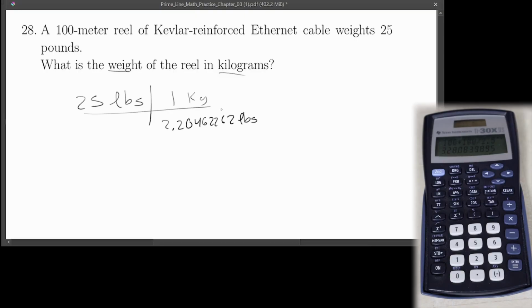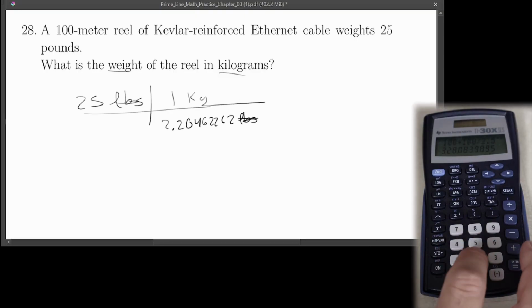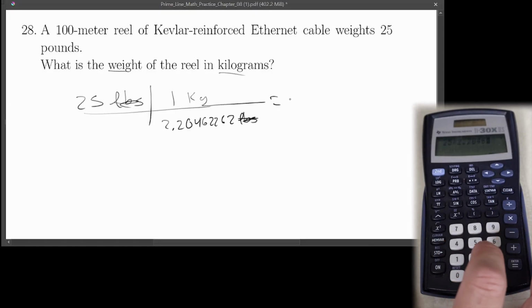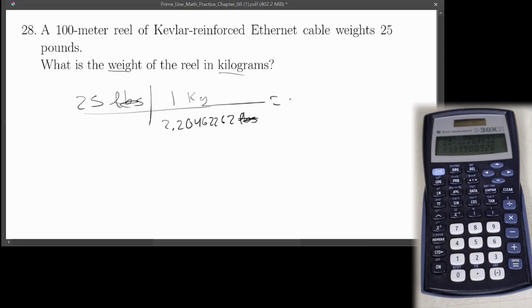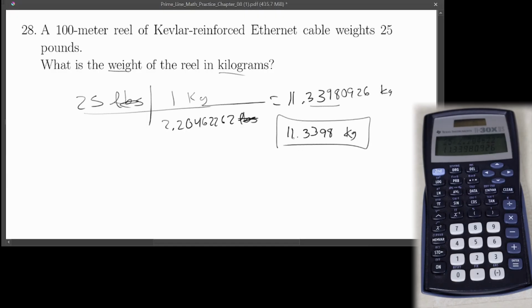Notice our units, pounds, cancel out. We can take 25 divided by 2.20462262, and we get 11.33980926 kilograms, and we're going to round that to 4 decimal places. So 11.3398 kilograms. That is the end of chapter 8.